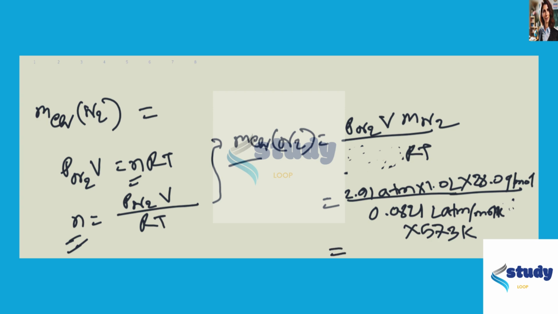If we solve this, we get the mass of nitrogen as 1.73 gram. So this is the equilibrium mass of nitrogen.